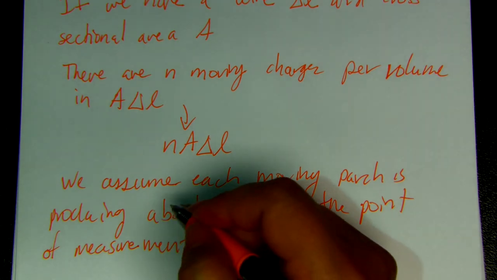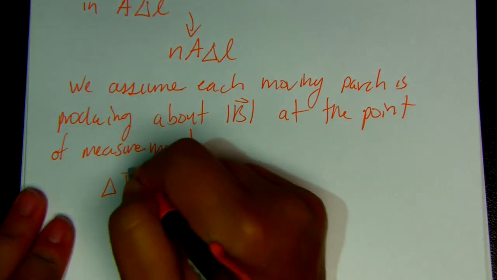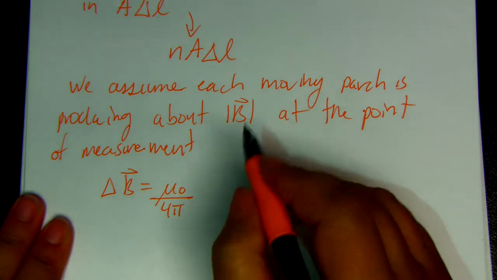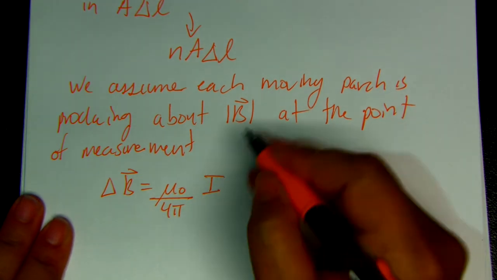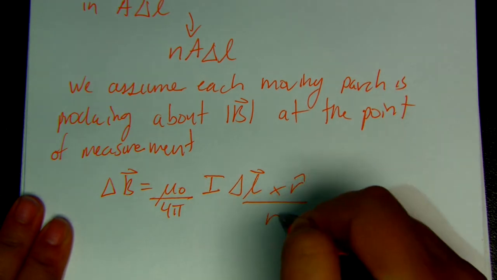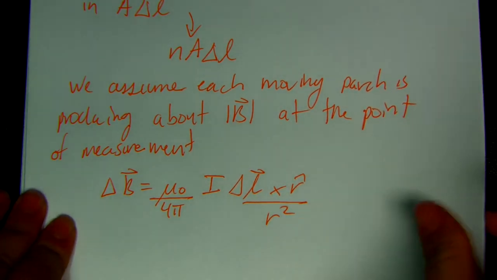So delta B is equal to mu naught over 4 pi I delta L cross r hat over r squared. Okay, so let's break this equation down.